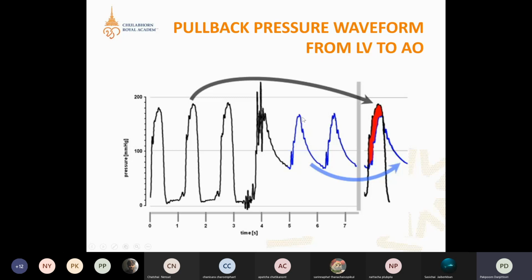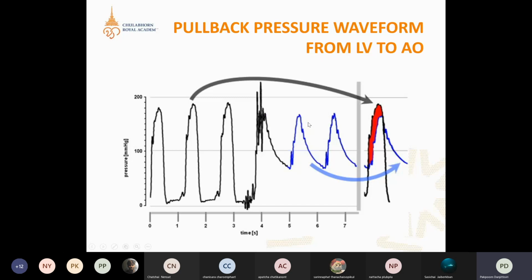But if a patient has a stenotic aortic valve, after you pull the catheter back from the LV into the aorta, you see a difference here between the systolic pressure of the LV and the systolic pressure of the aorta.